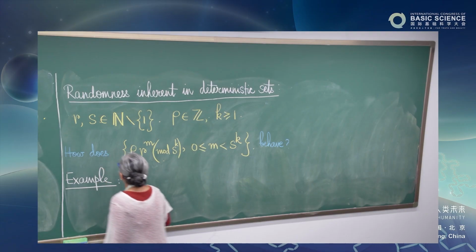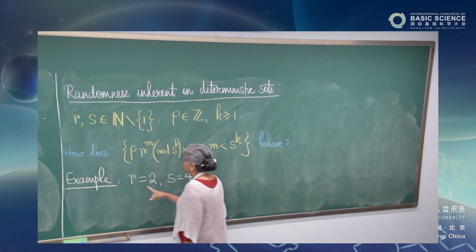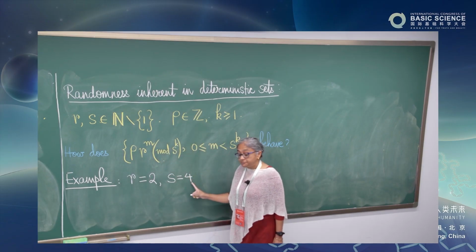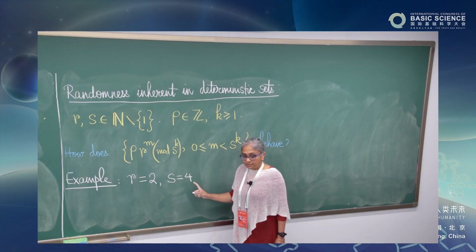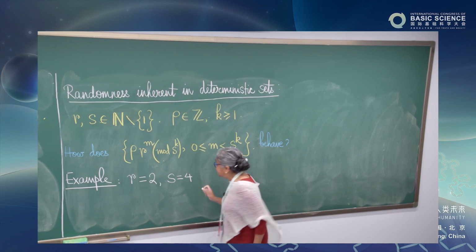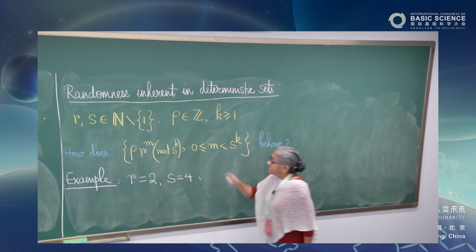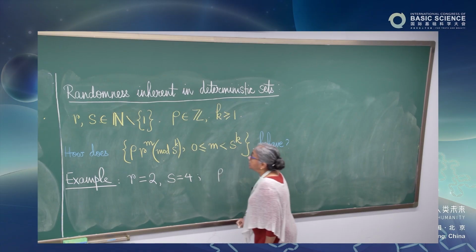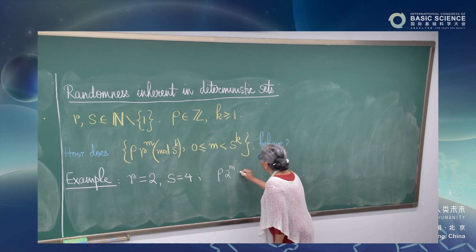It will help set the stage. So let's say for the moment R is 2, S is 4. Just checking, multiplicatively dependent or independent? Dependent. Okay. All right. These are dependent. So now let's take a look at ρ times 2 to the m mod 4 to the k.